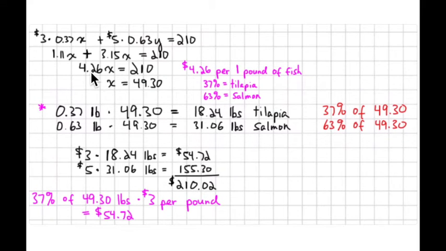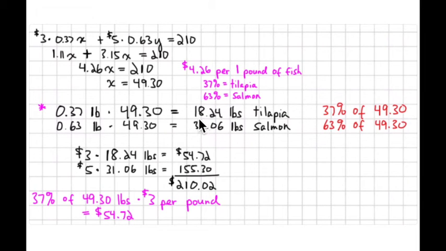So I'm spending $4.26 per pound. I'm going to spend $210 total. So every time I take out $4.26, that's a pound. Well, $210 divided by that $4.26 tells me that I'm going to purchase 49 and 3/10 pounds, or 49 and 30 hundredths pounds of fish. 37 hundredths of that, or 37% of that, is going to be tilapia.